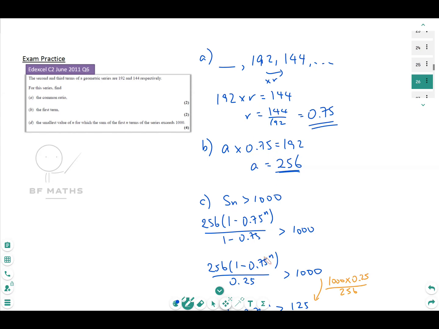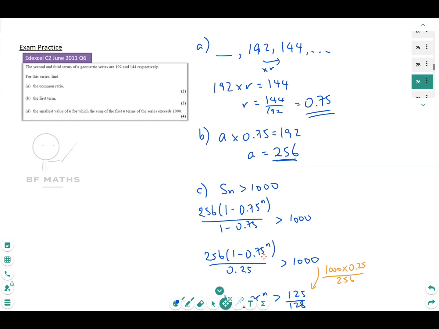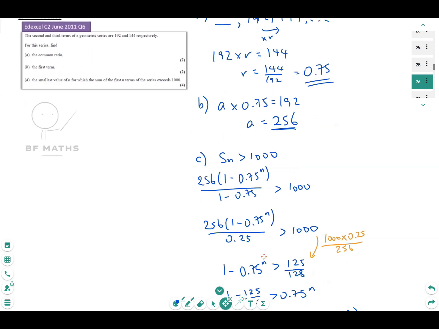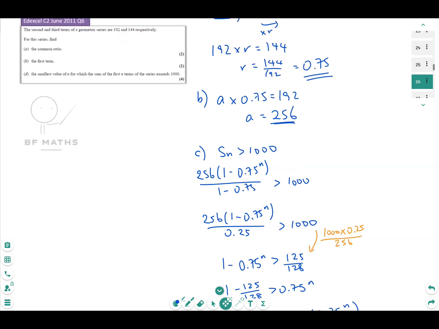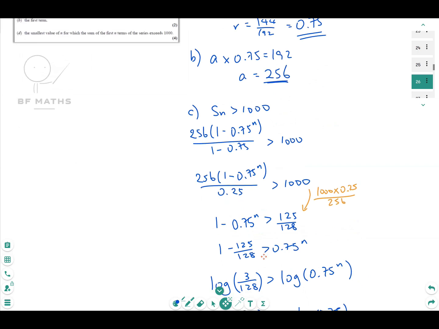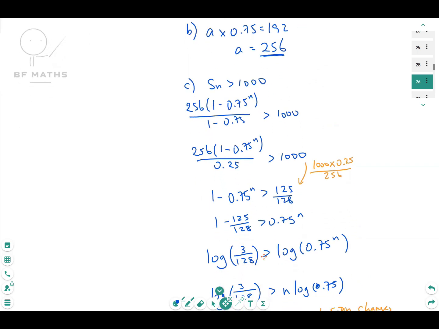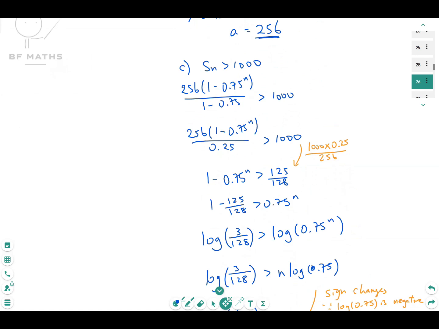Now, part C, however, there is a small detail that a lot of people will probably make a big mistake on. I'll go through it. First of all, we are told Sn is greater than 1,000. Nothing new. We set up the formula. I just multiply 0.25 divided by 256, so I get 125 over 128. Nothing new.